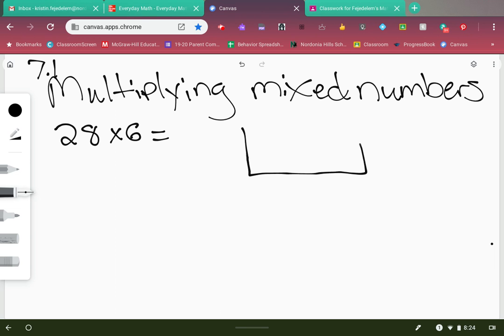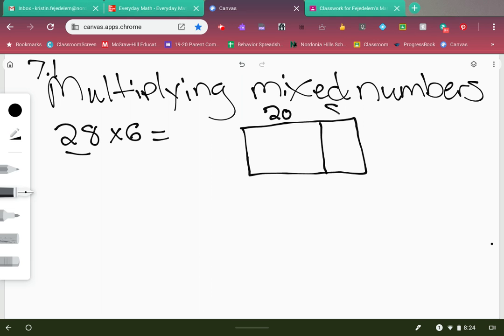An area model means we have a rectangle or a square, and we take 28 and break that up in expanded form. I'm going to draw the box this way because 20 is bigger than 8, so visually I'm going to show that with the box being bigger.